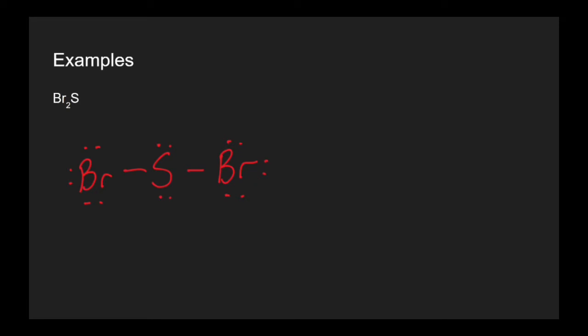All right, so this is going to be our Lewis structure for our Br2. Now, we have to look at our central atom, and because our lone pairs are really negatively charged, that is going to be where the majority of the negativity of this molecule will be, making it a polar molecule.